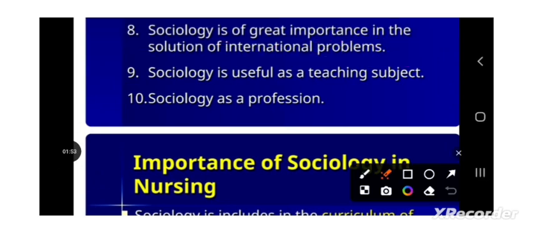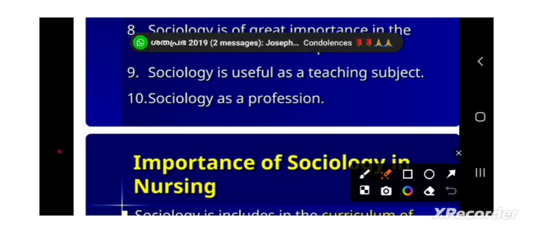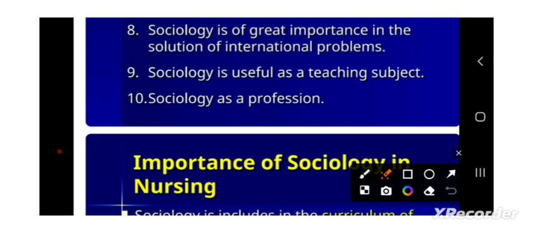Sociology is of great importance in the solution of international problems. Global issues like war, terrorism, international conflict, migration, and global inequality are fundamentally social problems. Sociology provides the tools to analyze the social, political, and economic causes of these tensions, such as historical inequalities, cultural clashes, and disparities in power.